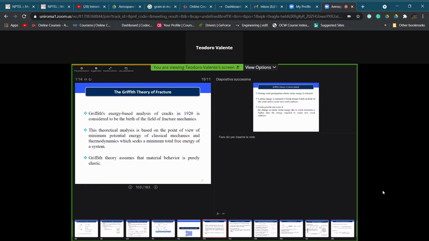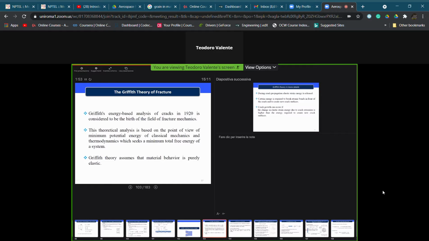It's a theoretical analysis based on the minimum potential energy of classical mechanics and thermodynamics, looking for a total free energy of a system at a minimum value in order to have a stable condition. And so it refers to energy and to the principle of minimal energy for a stable state.